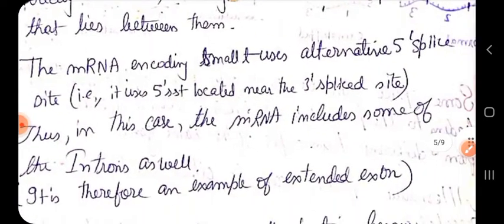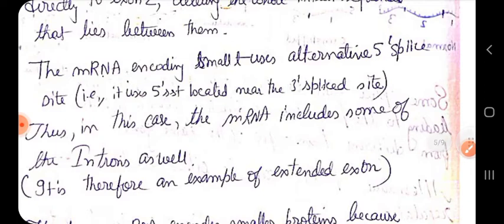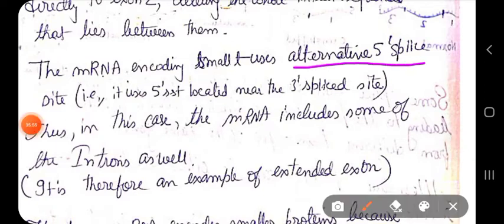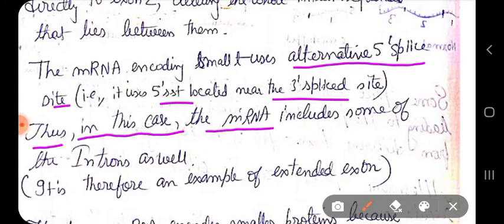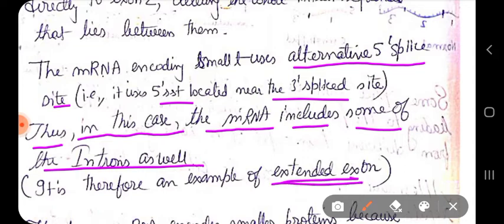So the mRNA for small t antigen will use an alternative 5' splice site, which is located just close to the 3' splice site. Thus in this case the mRNA includes some of the introns as well. So this is a clear example of an extended exon, where you can see the exon intron boundary is not being used.